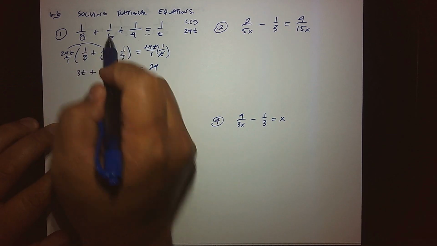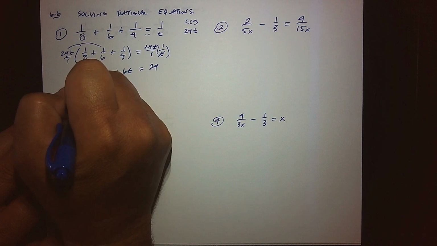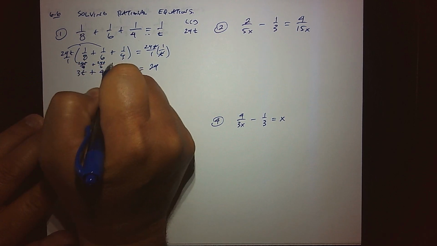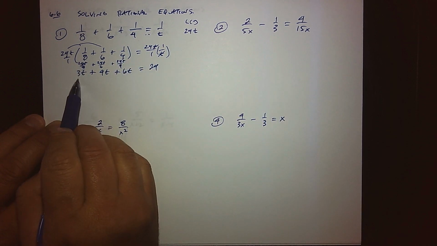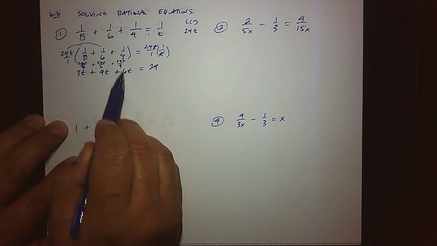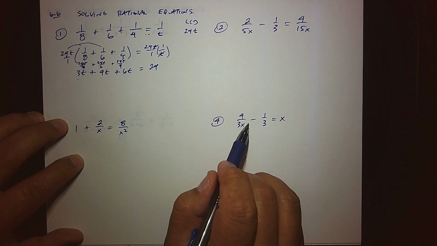So again, I'm doing those little multiplications in my head, but if you need to see it, you literally have 24t over 8 plus 24t over 6 plus 24t over 4. 8 into 24 goes 3 times, 6 into 24 goes 4 times, and 4 goes into 24 6 times. Fractions are cleared. That was the whole goal behind doing that.